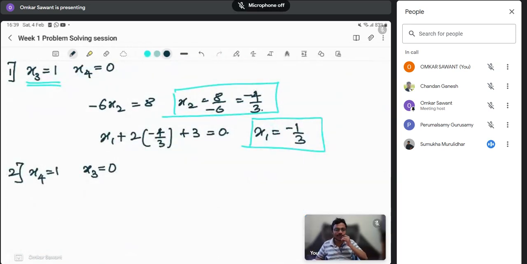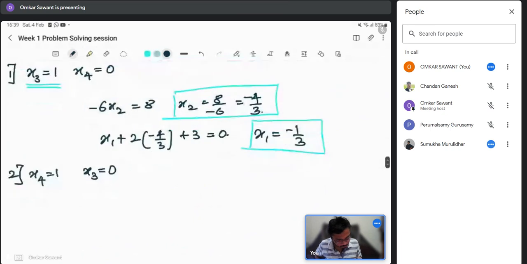Sir, x2 is 1 by 3. x2 is 1 by 2. Okay, x2 is 1 by 2, 1 by 3, sir. 1 by 3. Okay, and x1 is minus 8 by 3.